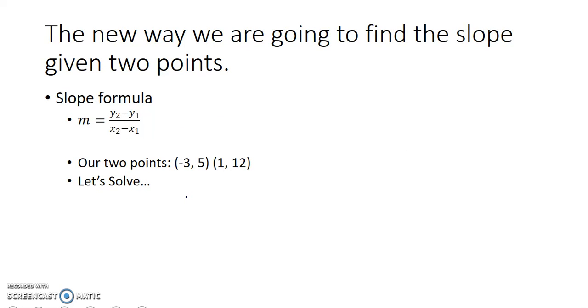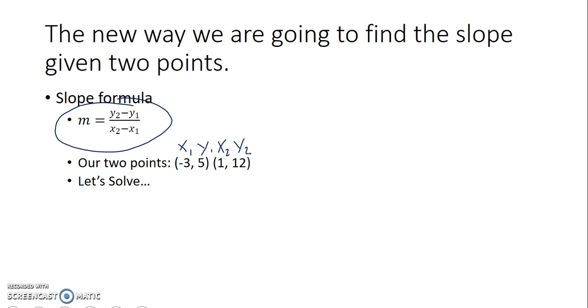All right, so let's continue on to the new way we're going to find slope. If we want to find the slope of 2 given points, then we are going to be using this formula right here: m equals y2 minus y1 over x2 minus x1. We're going to be using these 2 points right here. We are going to call this x1, this y1, this x2, and this y2.